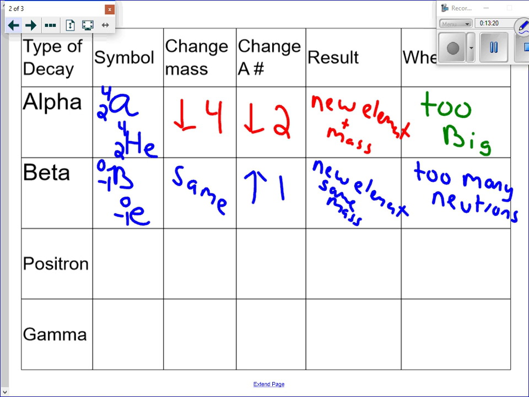Next, positron emission only has one symbol. 0, plus 1, e. Once again, there's a 0 on the top for the mass number, which is why we had to remind you of the standard model, how to write down your isotopes.